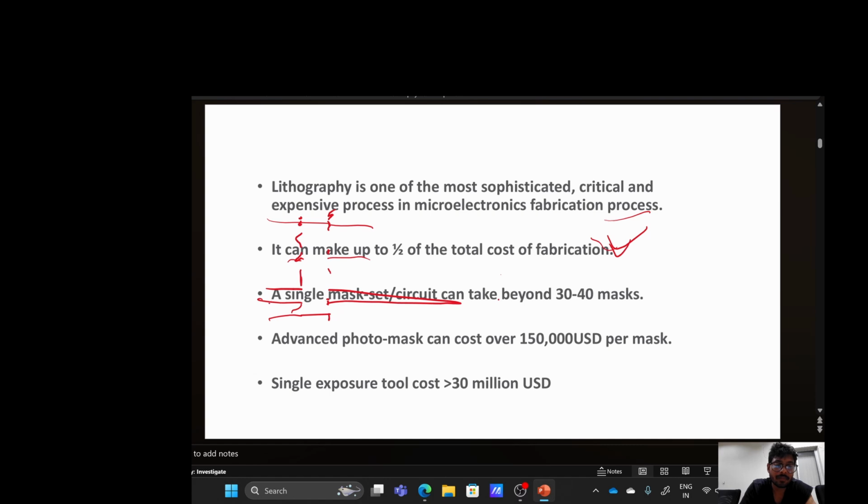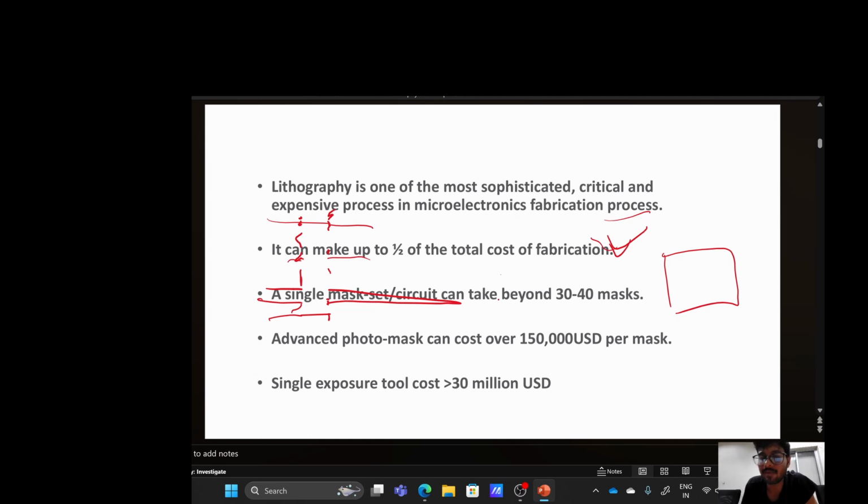And a single mask set for a circuit can take, if in your phone there are so many layers of metal connections, there can be 30-40 layers of metal connections in a single phone chip, and they all need lithography.